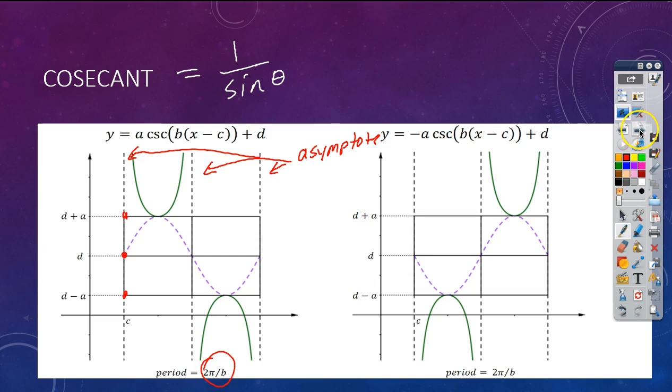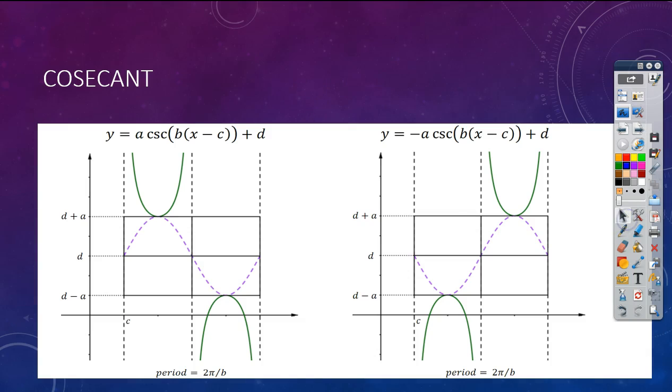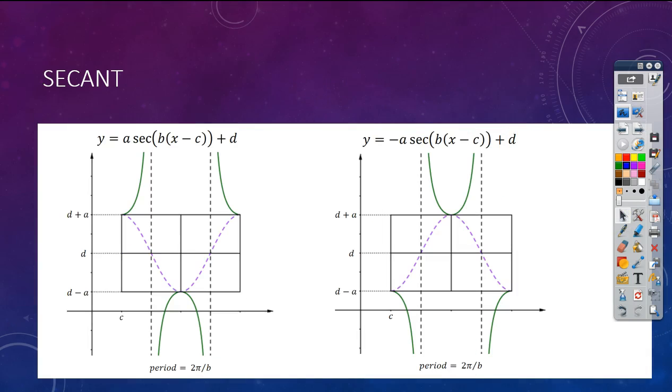All right, so the next question then becomes, well, here we have secant. What does secant do? Secant is the same as 1 over cosine of theta.